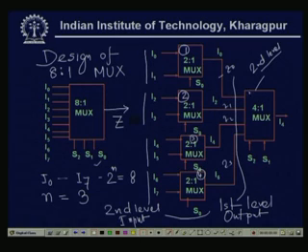Then they are fed to a 4 to 1 multiplexer. Now, here for 4 to 1 we know that there are 4 primary inputs and 2 control lines. So, this will be one output, that is my Z output. In this way I can design.